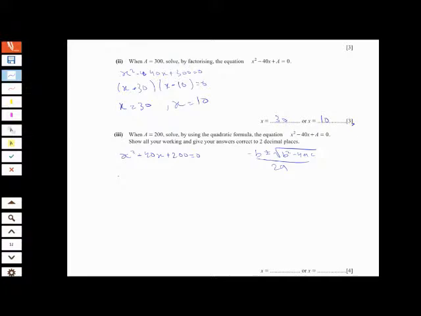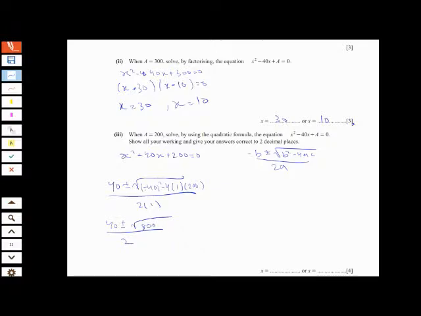Negative b, here it's negative 40, so the negatives cancel each other, which is 40, plus or minus the square root of negative 40 squared minus 4, a is 1, c is 200, over 2a. Work out the square root first, so you get 40 plus or minus the square root of 800, over 2.